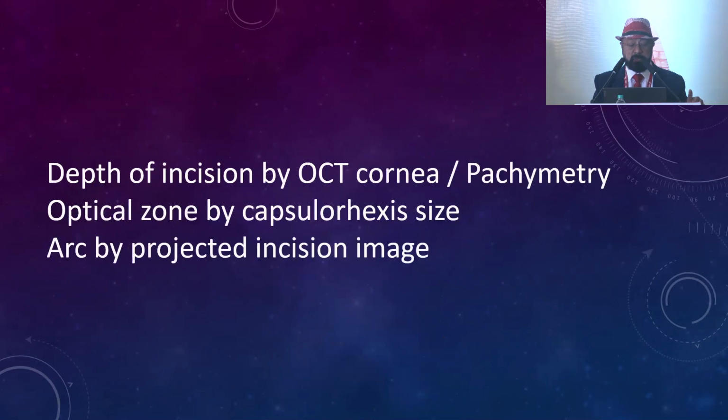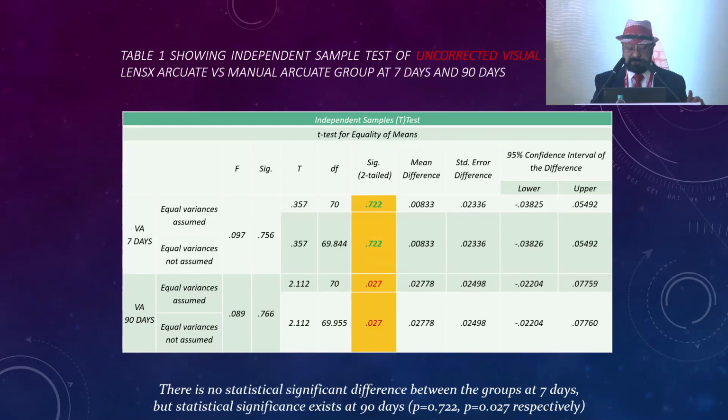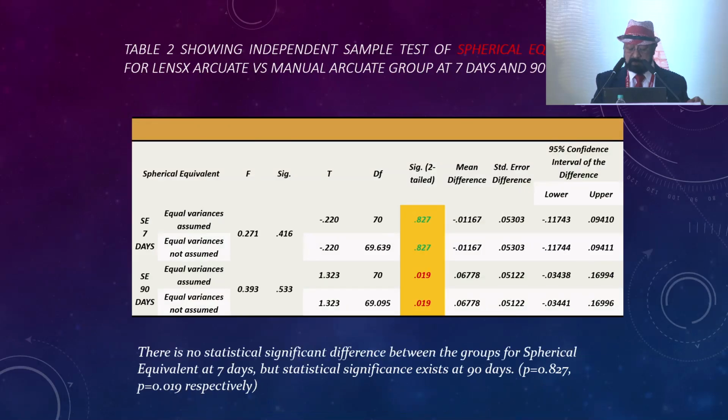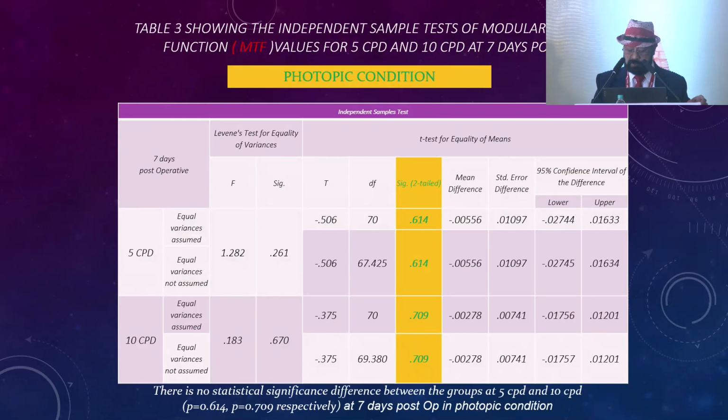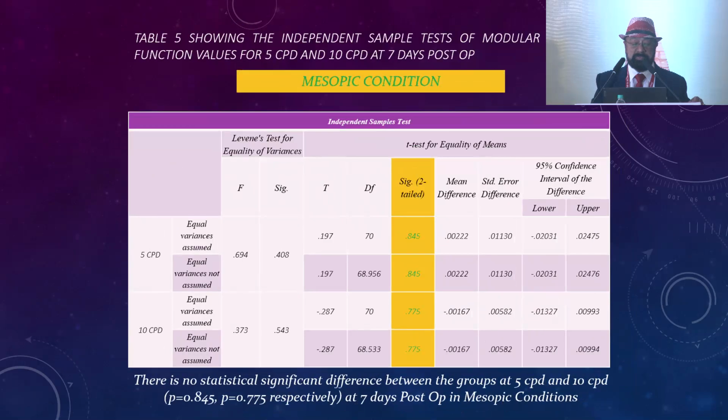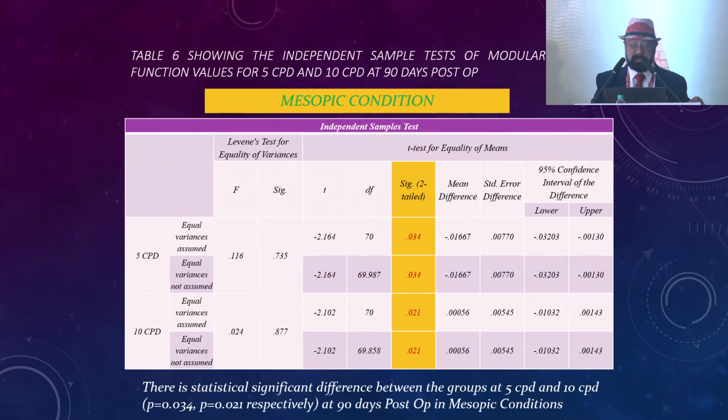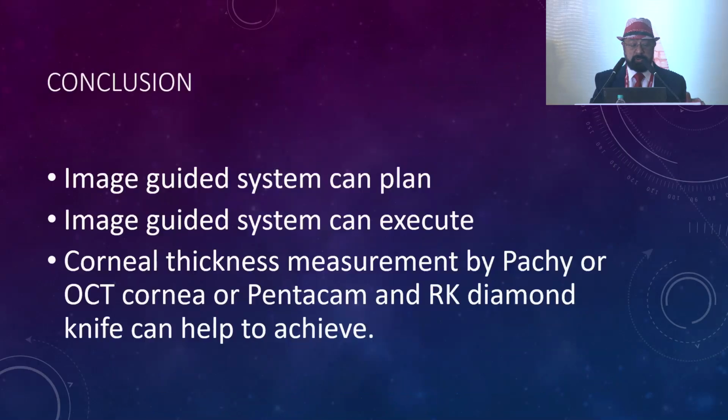Let us not go into all the statistics, but it told us in our 113 cases that the manually done Arcuate incision is much better, whether in photopic or mesopic conditions. At 7 days post-op it is almost the same, but from 90 days onwards it is much better. So the image guided system can plan, that is very own, no financial interest.